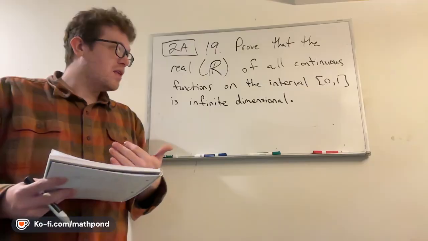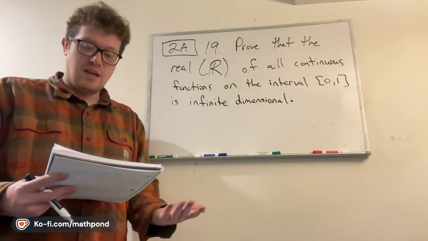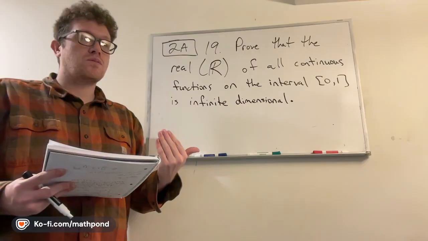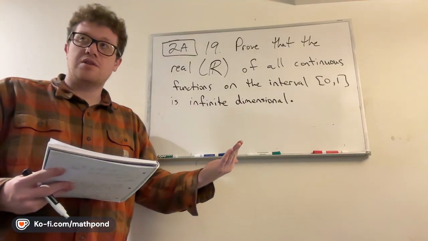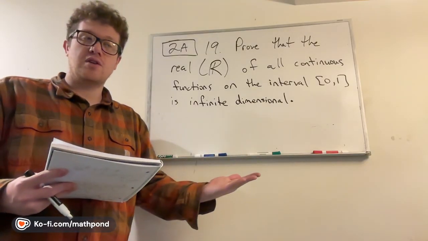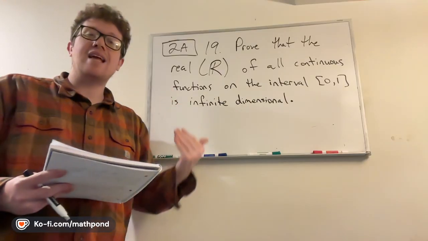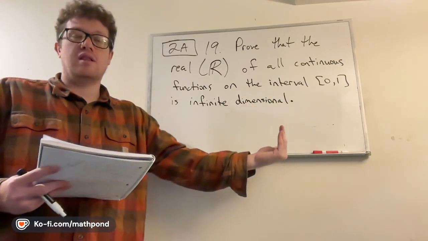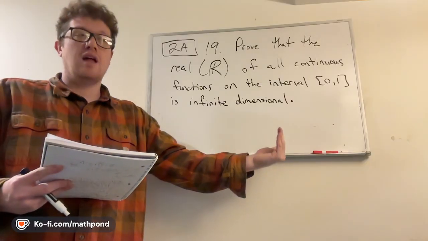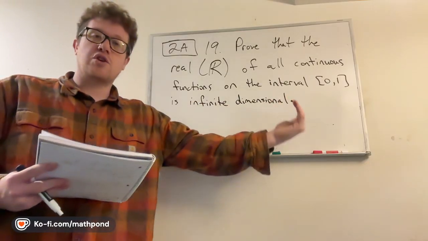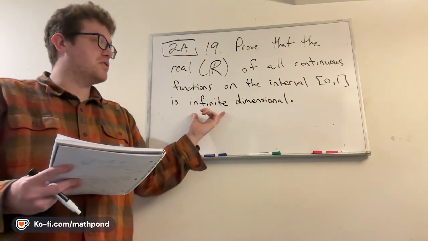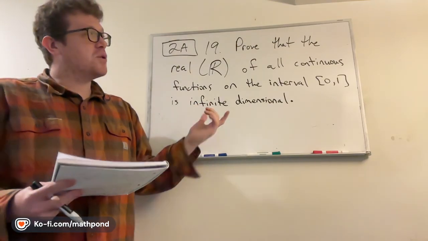Or equivalently, if we can find increasingly larger sizes of lists that are all linearly independent vectors, and that list continues to grow forever with no bound, then you can prove that it's infinite dimensional. And so why is that the case?